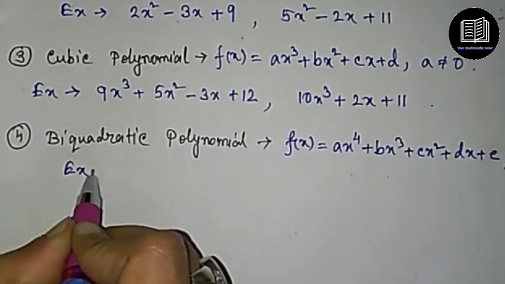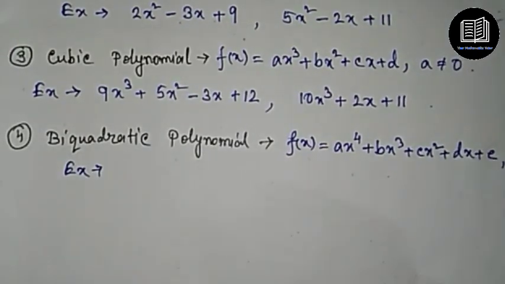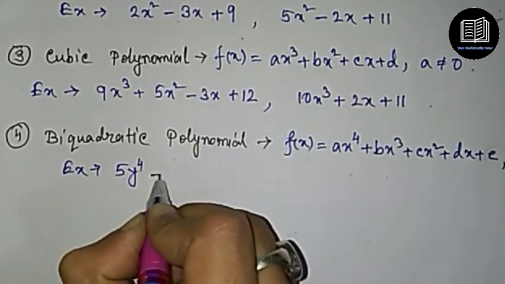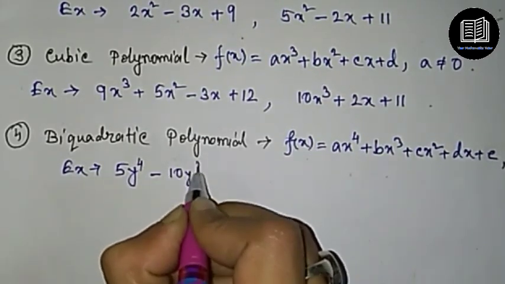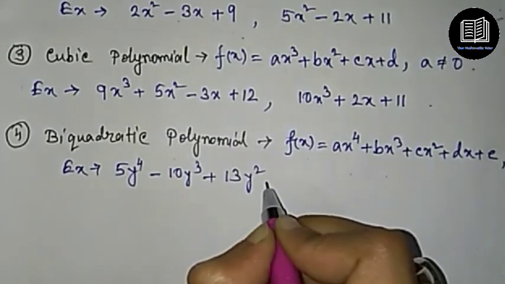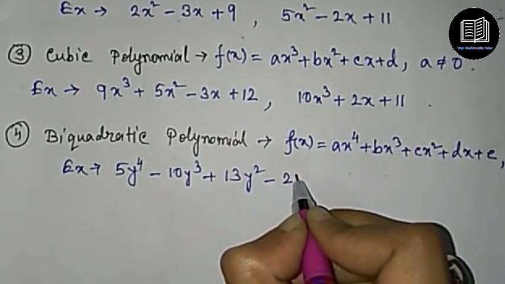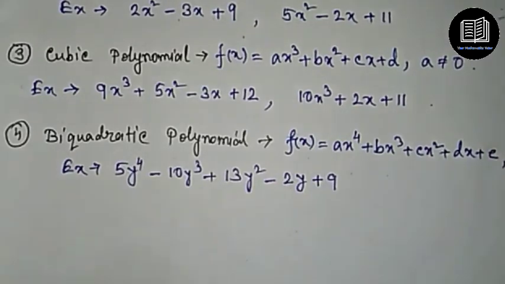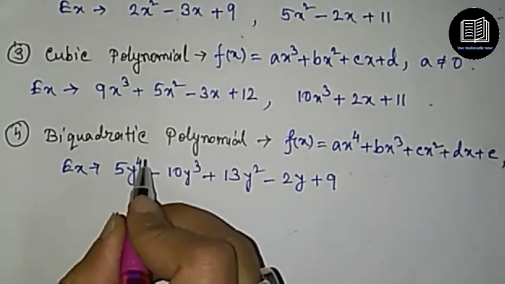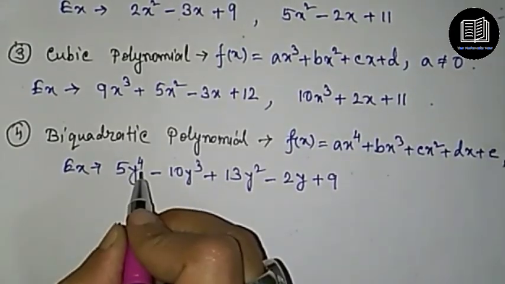Example of biquadratic polynomial is 5y to the power 4 minus 10y cube plus 13y square minus 2y plus 9. This is a biquadratic polynomial because the degree of this polynomial is 4.